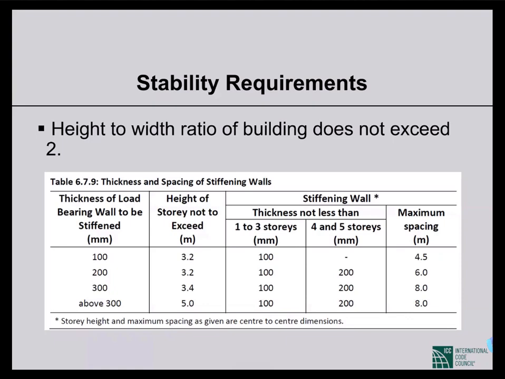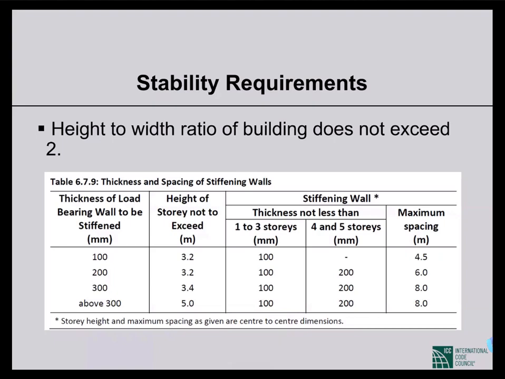If the building is 3-storied or less, then the thickness of the stiffening wall or cross wall has to be 100 millimeters or more. The least thickness will be 100 millimeters. For more than 3-storied buildings, the stiffening wall thickness has to be 200 millimeters or more.